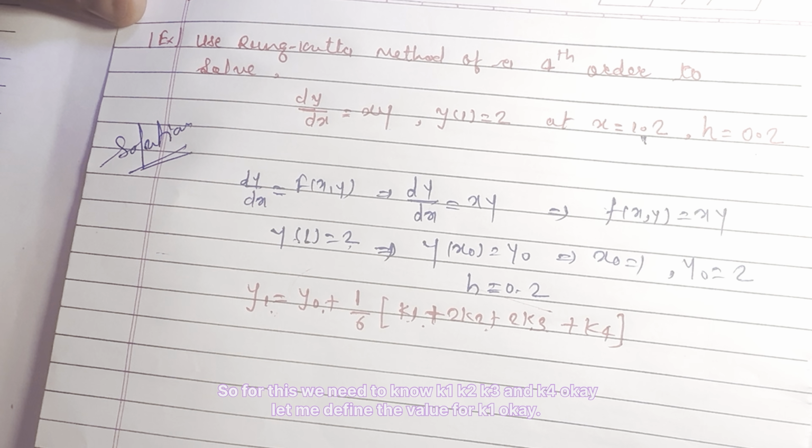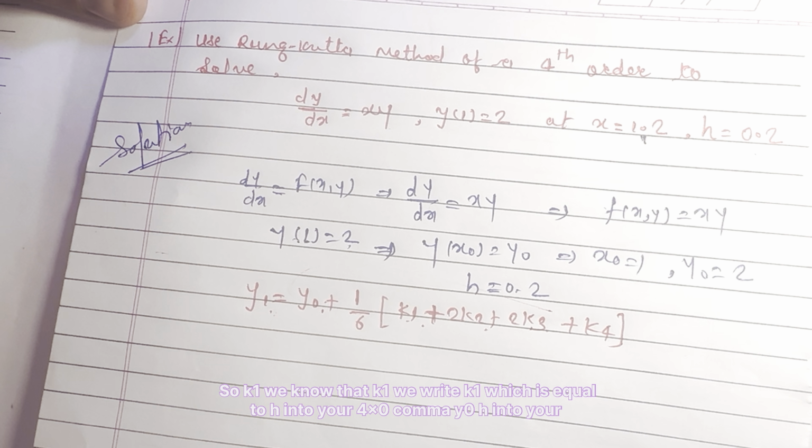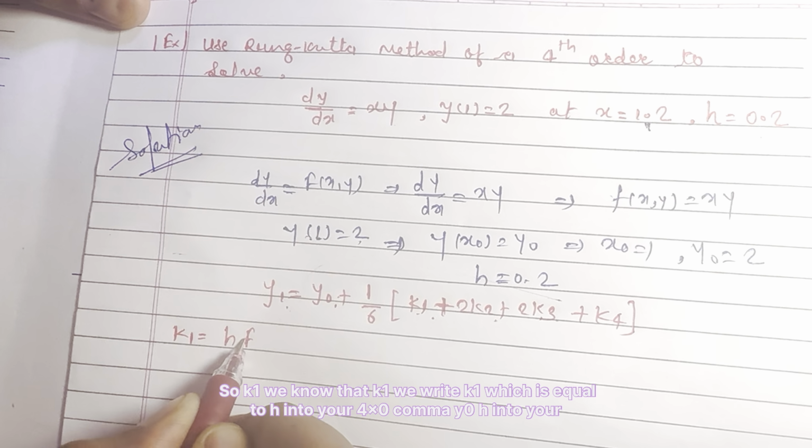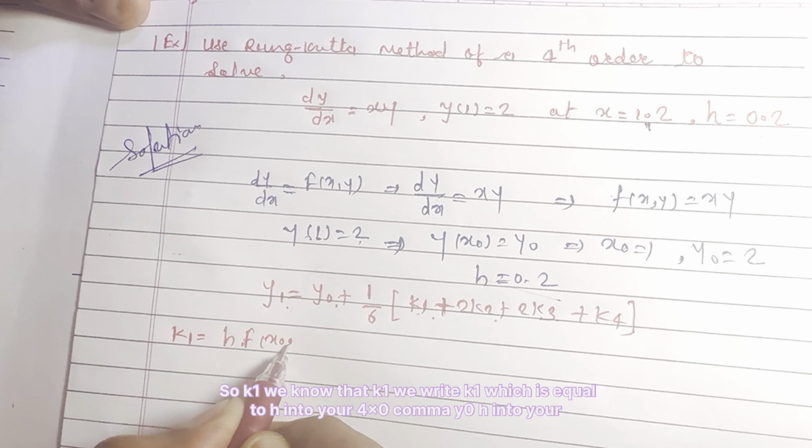Let me define the value for k1. k1 is equal to h into f of x naught comma y naught.